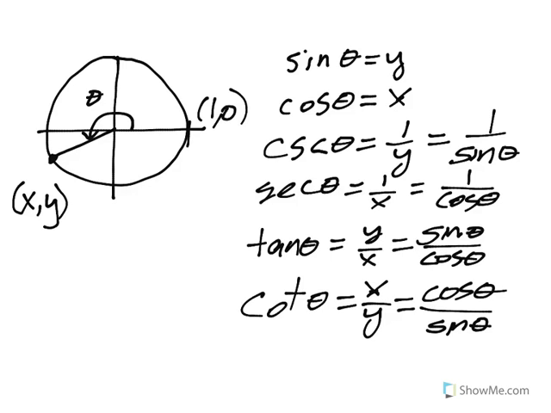The tangent of theta is y over x, so it's sine theta over cosine theta, and another video saw that the tangent of theta can be thought of as the slope of a line that connects the ordered pair x, y to the ordered pair 0, 0 at the center of the circle. And finally, cotangent theta is x over y, which is cosine over sine, and sometimes you see it as 1 over tangent theta. So kind of the reciprocal of the slope.